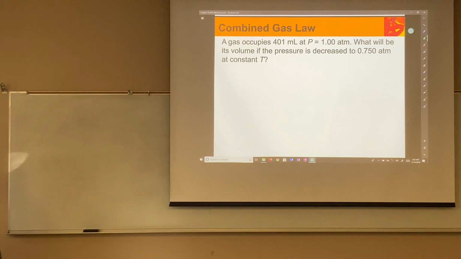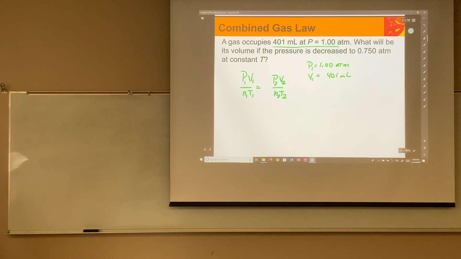Okay? Cool. So P1 V1 over n1 T1 equals P2 V2 over n2 T2. So what information do we have? A gas occupies that volume at that pressure, so P1 equals 1.00 atmospheres, V1 equals 401 milliliters.